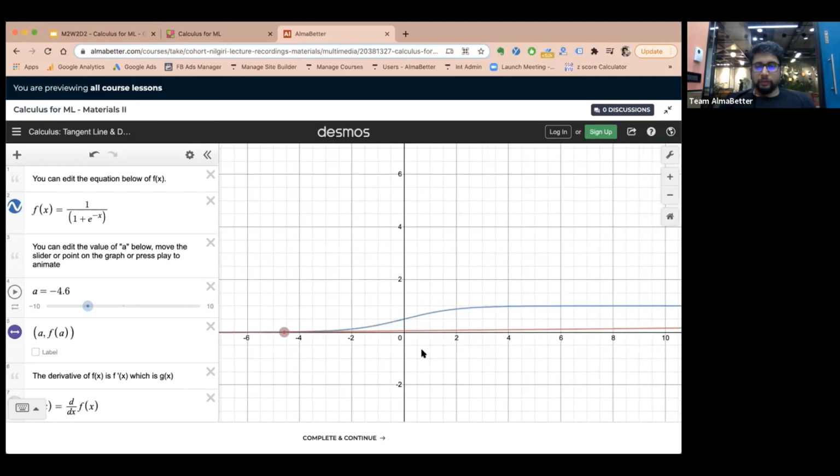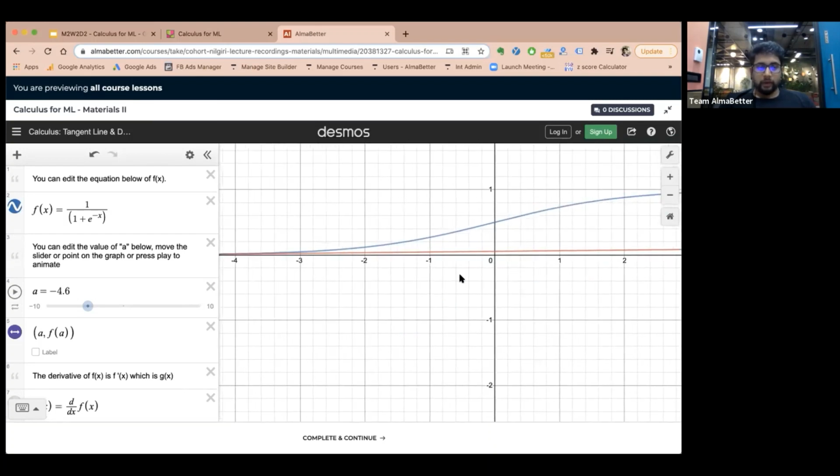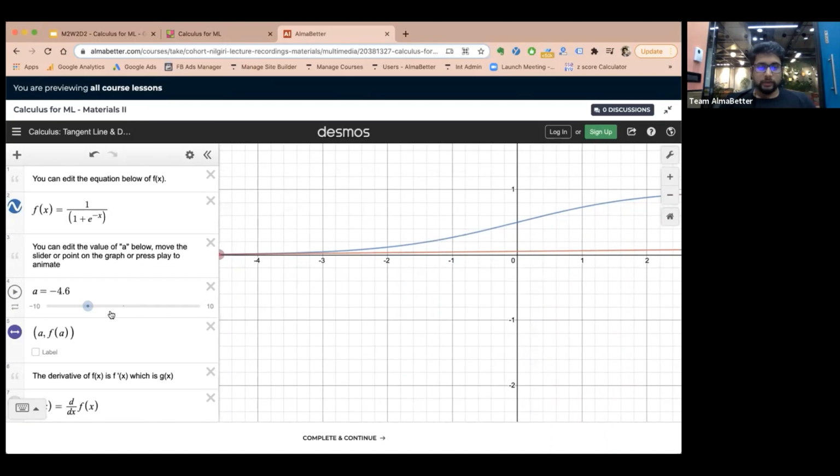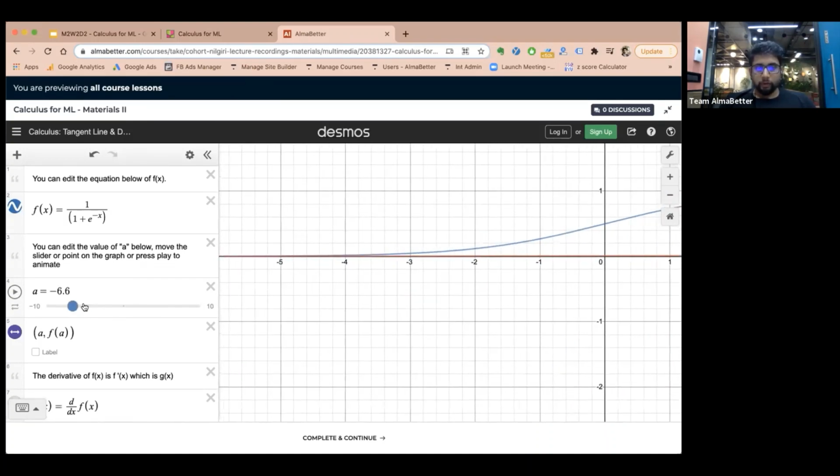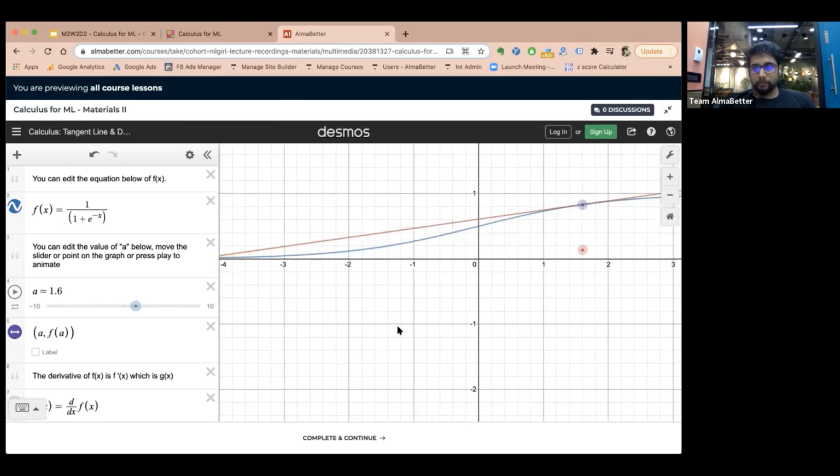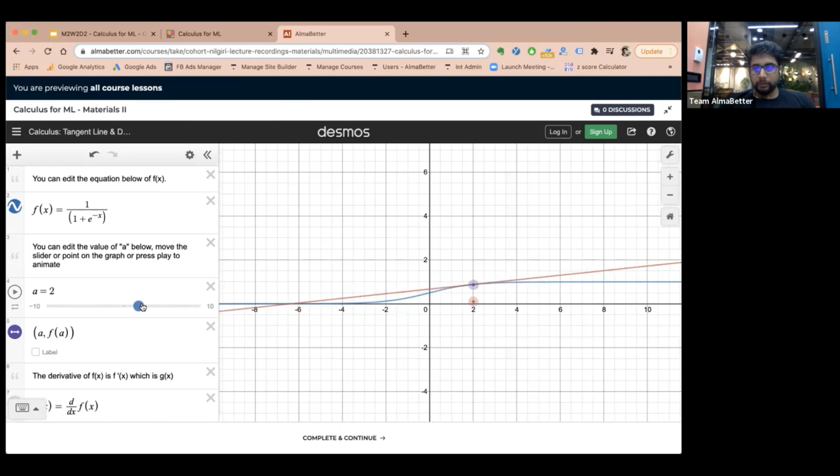Okay, so if I want to see how the derivative varies for this function, you can see that for very low values of x, the derivative becomes very small, as in the tangent becomes parallel to the x-axis for low values of x, and then it gradually increases till x equal to 0, and then it starts decreasing again. Okay, and then again it becomes 0 for very large values of x.